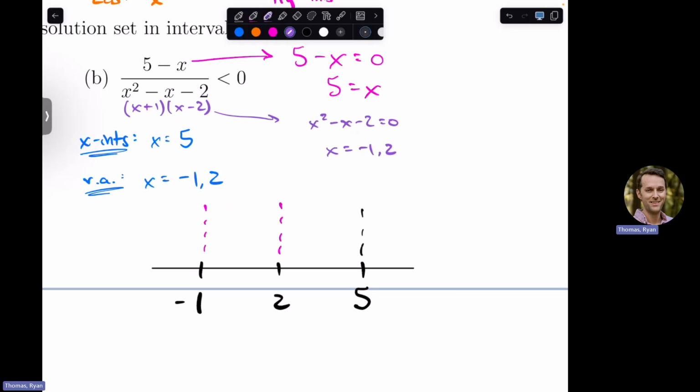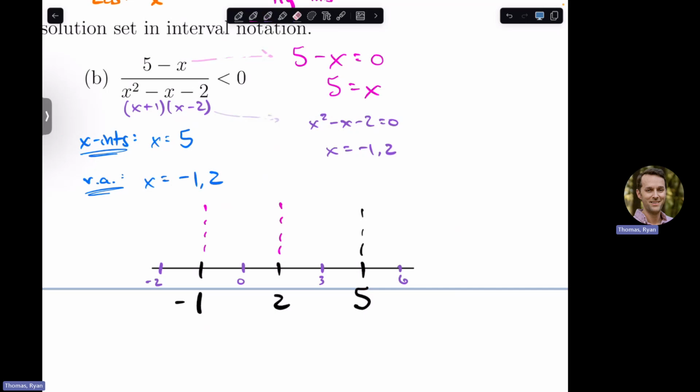So what we need to do is make decisions about the function on these 4 subintervals, right? So check something like -2 and 0 and 3 and 6. You can do that graphically. You can do it numerically. It doesn't really matter.